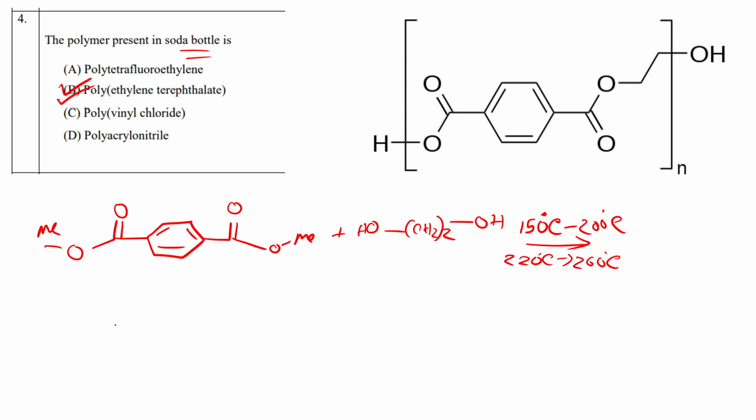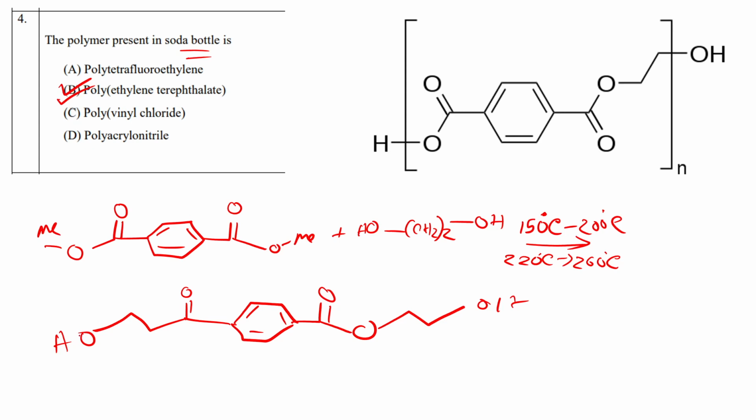Initially what happens is two units actually provide this kind of structure, which might get formed first, then it gets polymerized.